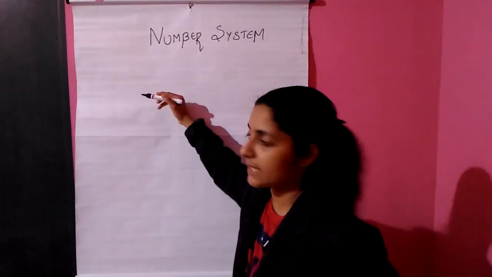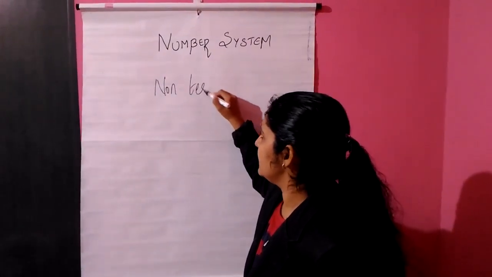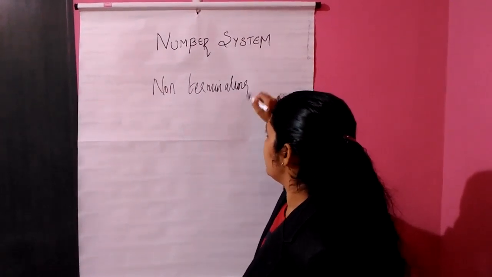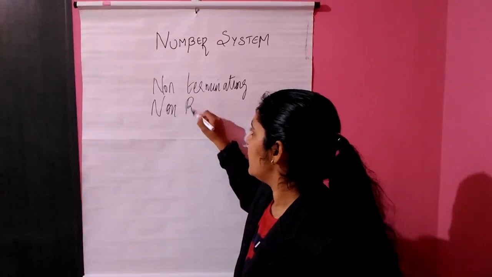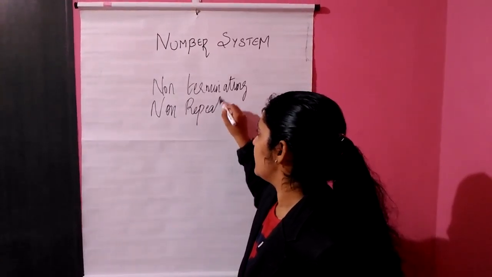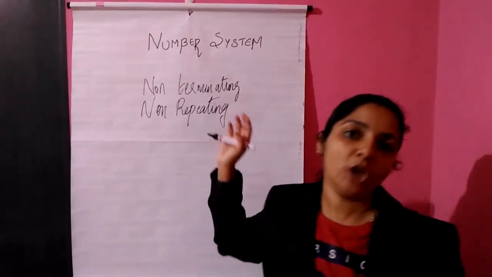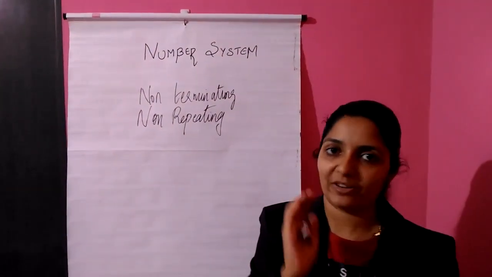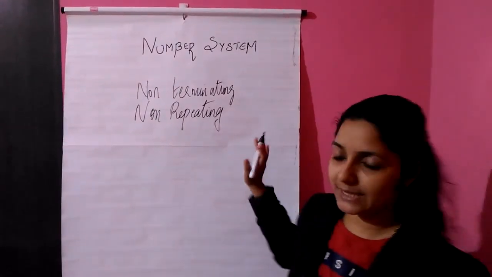So once more I'll just say, non-terminating and non-repeating decimals or values are called irrational. They will not have an exact value. So this is what we discussed.